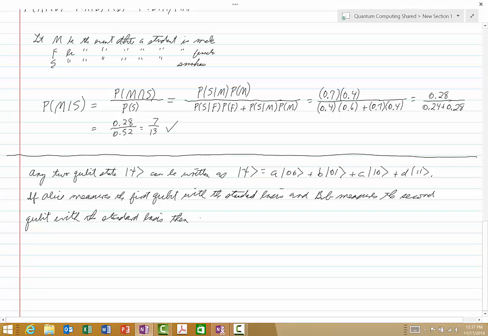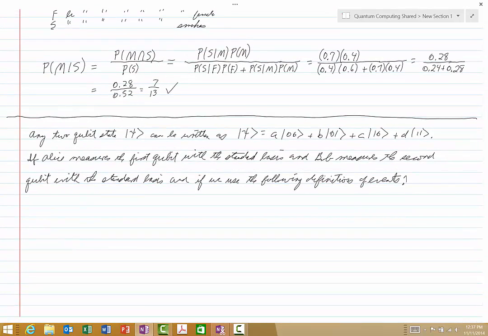Well, actually, let me change this. And if we use the following definitions of events, we're going to define our events as follows. We'll say A0, A1, B0, B1.